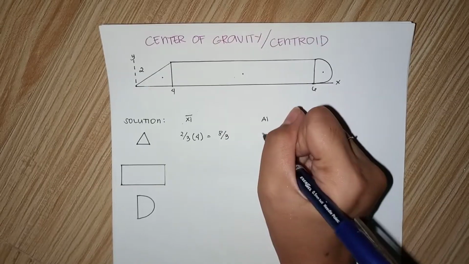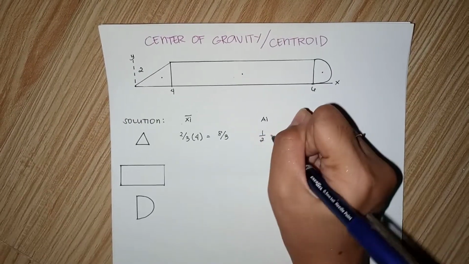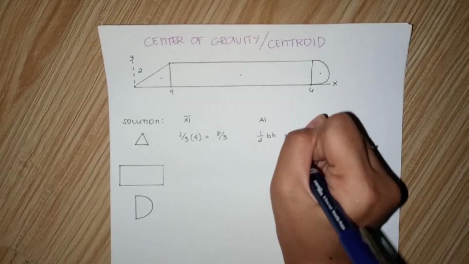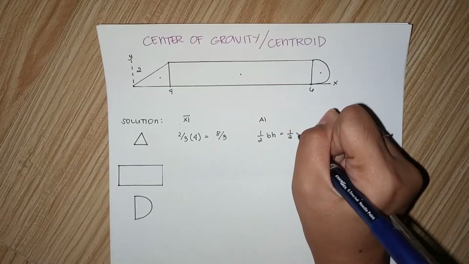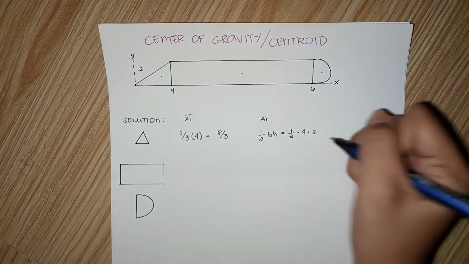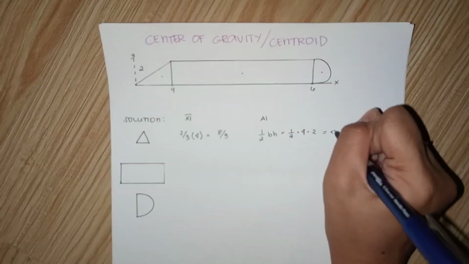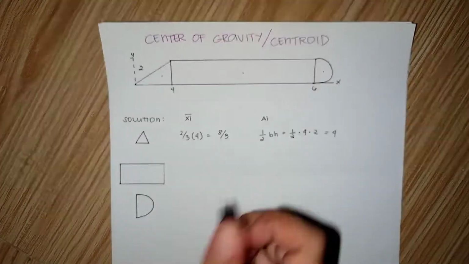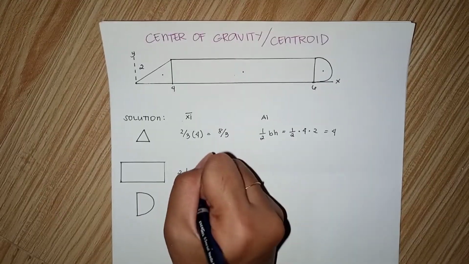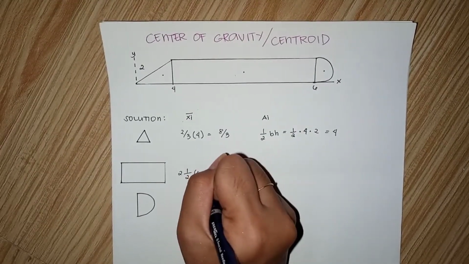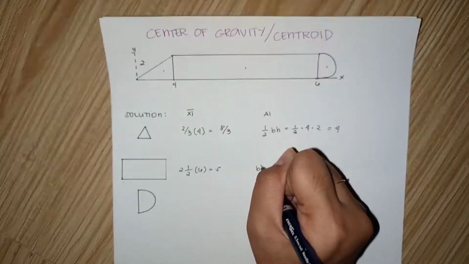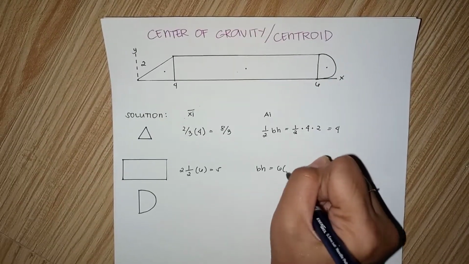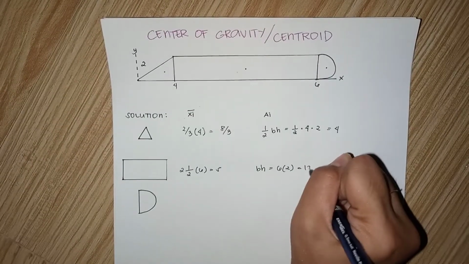Then the area will be 1/2 base times height is equal to 1/2 times 4 times 2 is equal to 4. And then the rectangle x-bar will be 1/2 times 6 is equal to 3, and the area is BH is equal to 6 times 2 is equal to 12.